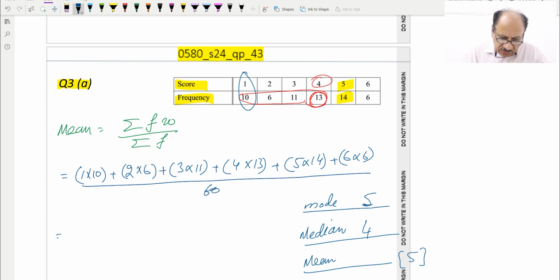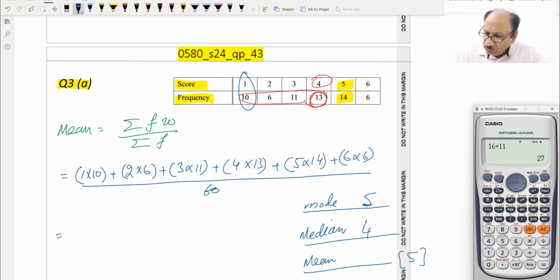Then we'll be using a calculator for this calculation. 1 into 10 will be 10, plus 2 into 6 will be 12, plus 33 plus 52, and plus 5 into 14, and plus 6 into 6 will be 36, and divided by 60.